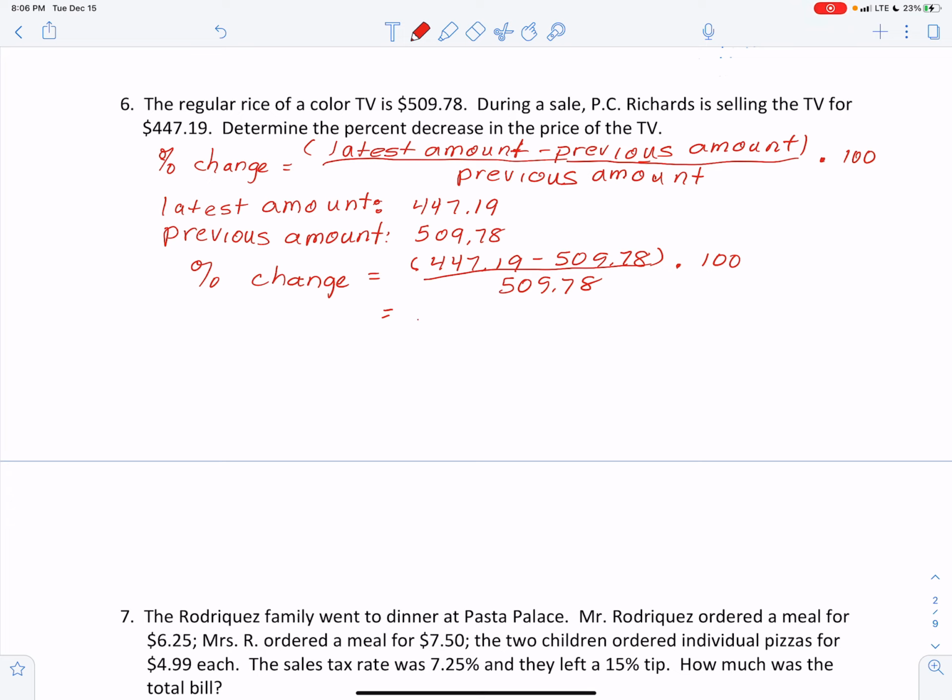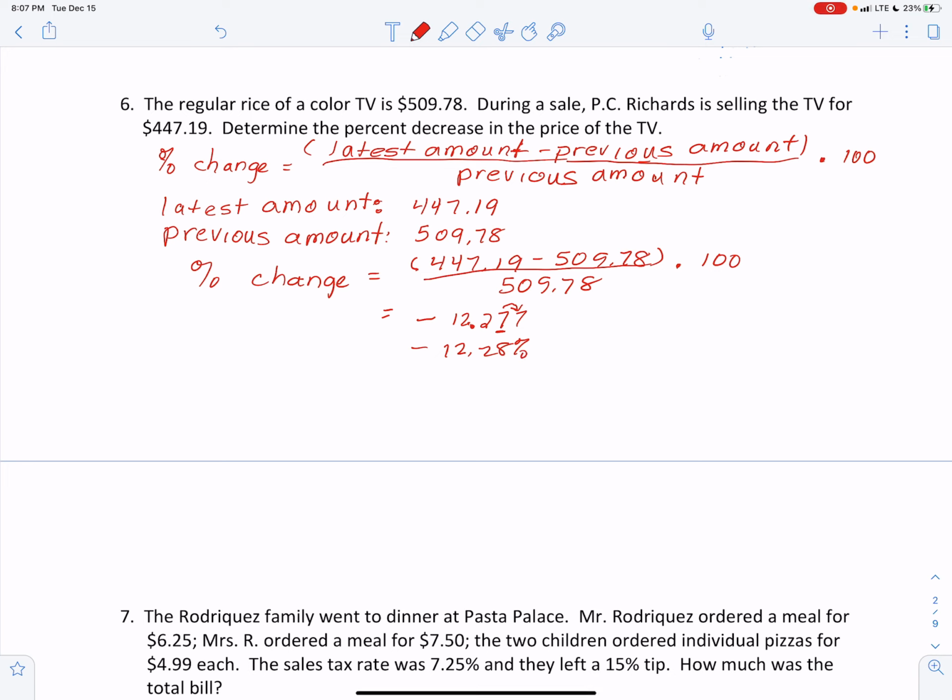So I get a negative 12.277. I'm going to round it to the nearest hundredths of a percent. So I identify the digit in the hundredths position. The number directly to the right is 5 or more, so a negative 12.28%.